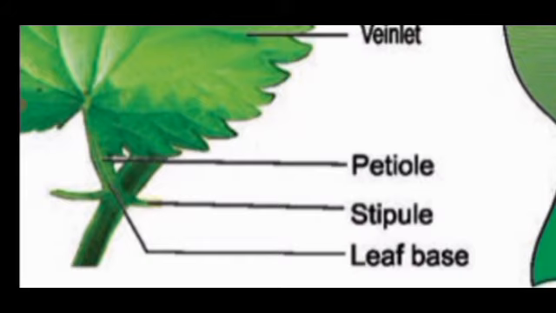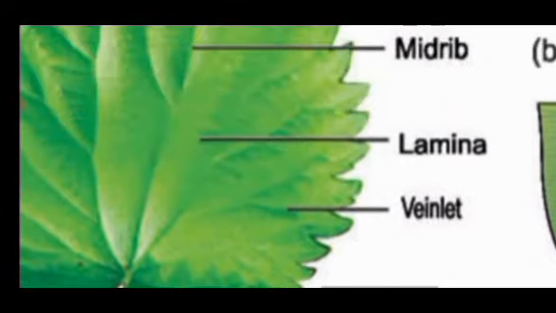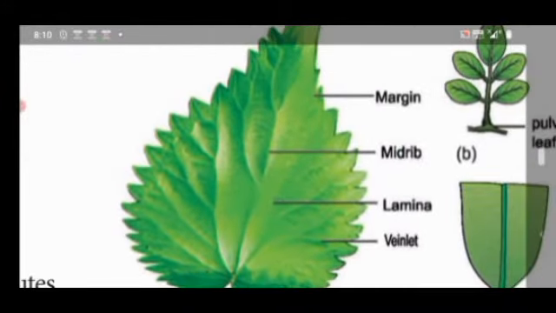Examples, Ficus, Hibiscus, Mangifera. If the petiole is not seen, such a leaf is called a sessile leaf. Example, Calotropis, Gloriosa.